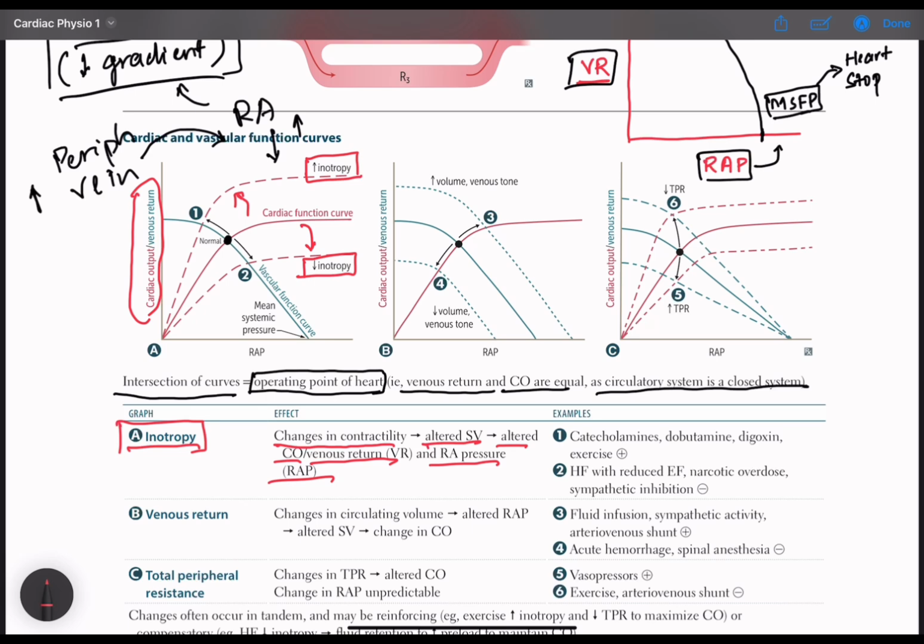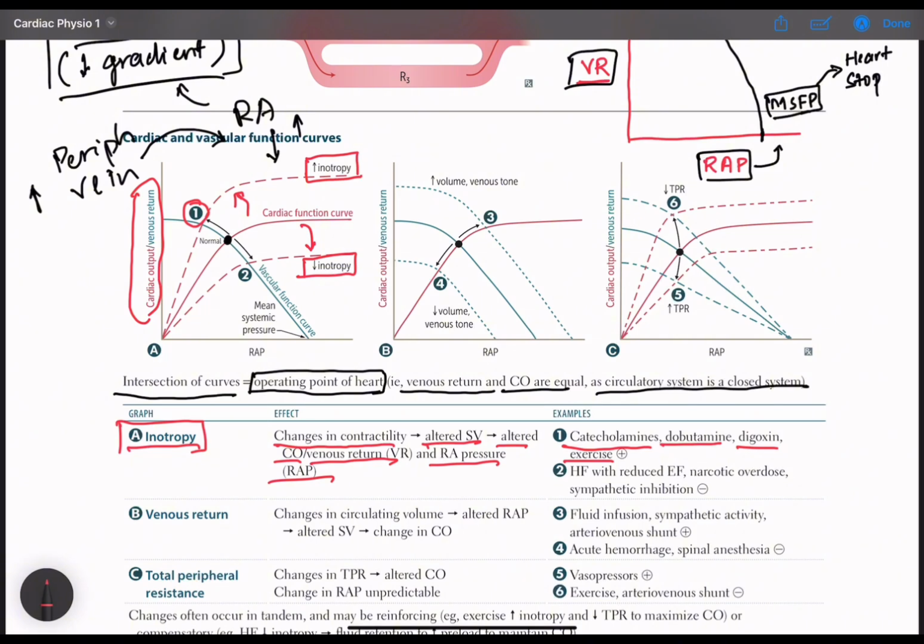So what are the factors that lead to positive inotropy and negative inotropy? If we look at number one, catecholamines, the factors which activate the sympathetic autonomic nervous system, like exercise. Then we have dobutamine, digoxin, and exercise. All of these factors lead to positive inotropy, or in other words a leftward shift of the cardiac function curve.